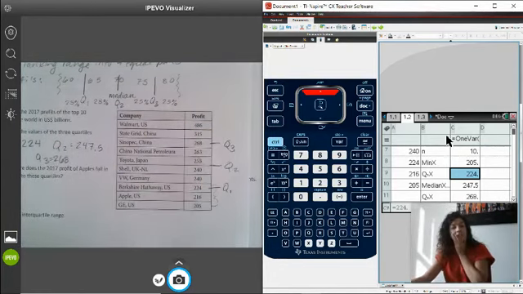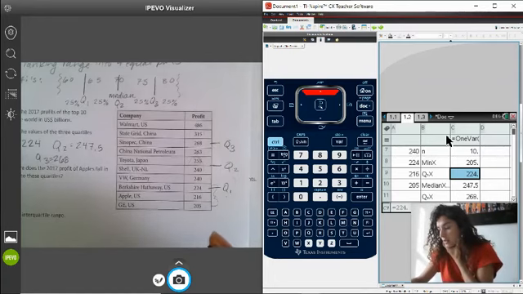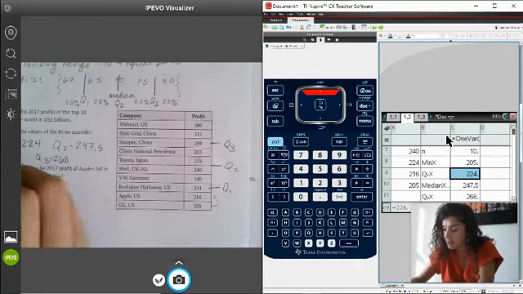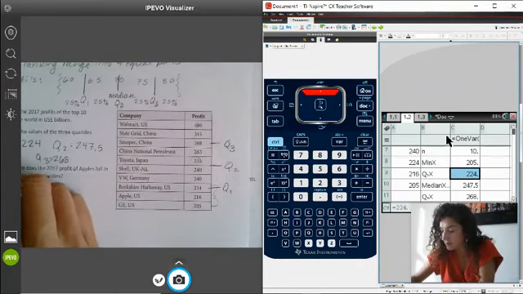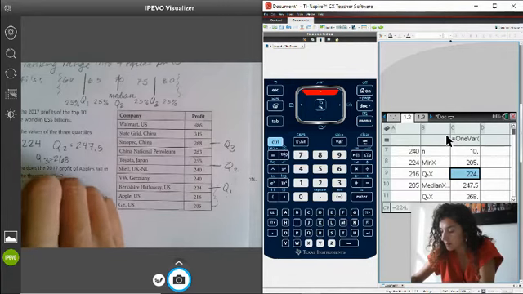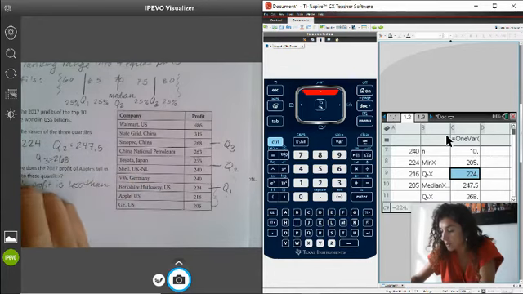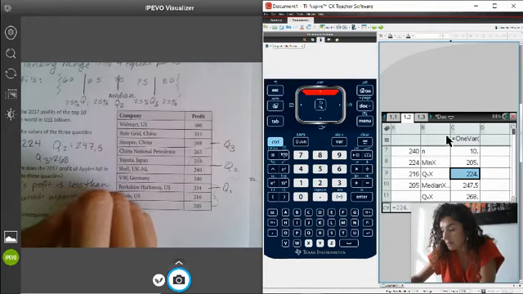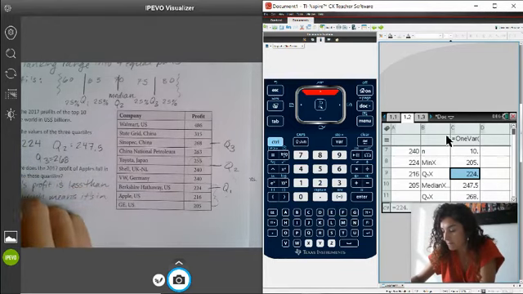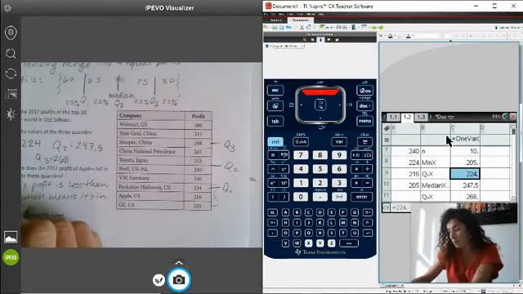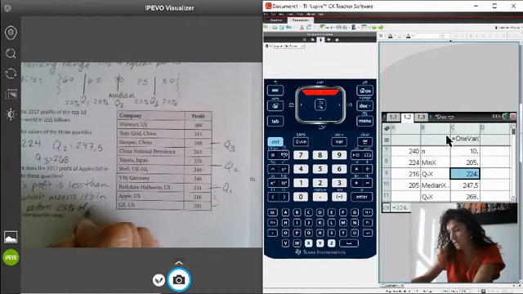Where does the 2017 profit of Apple fall in relation to these quartiles? So notice that Apple's profit is less than quartile 1, which means it's in the bottom 25% of the data.